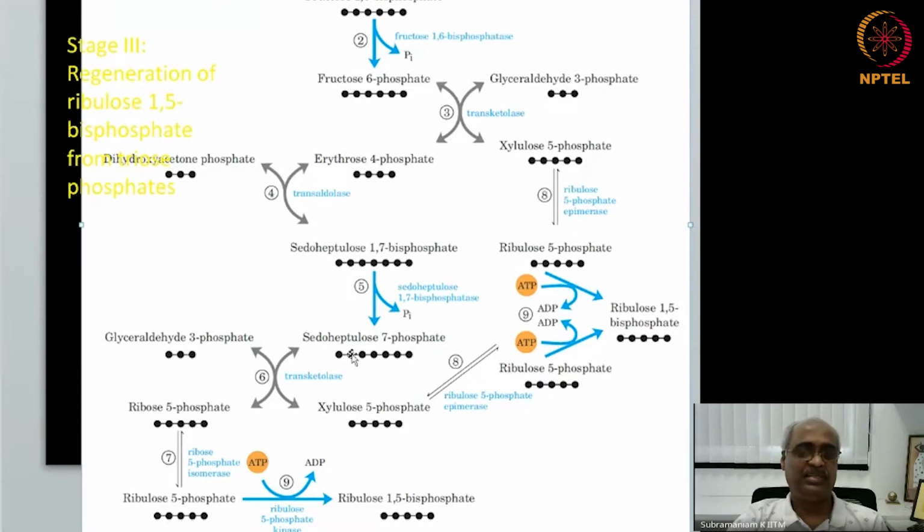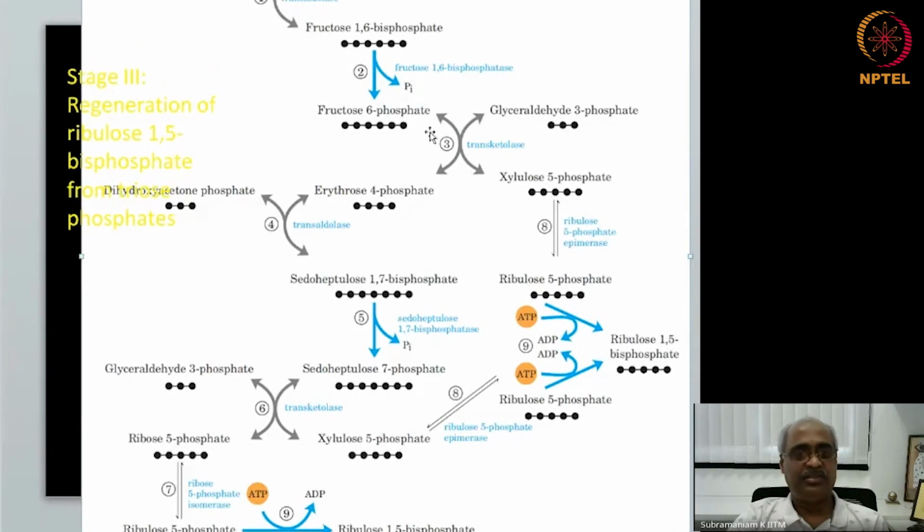So now you almost see a cycle here. And this ribose phosphate isomerization to ribulose, aldose becomes ketose, and the kinase makes a ribulose bisphosphate. So this is 9. The same numbers are shown when the reactions are the same. So similarly 8, 8 here. So you have 1, 2, 3, 4, 5, 6, 7 and 8, and the 9th step ends up producing ribulose bisphosphate.